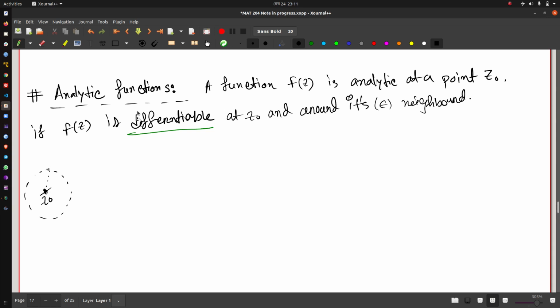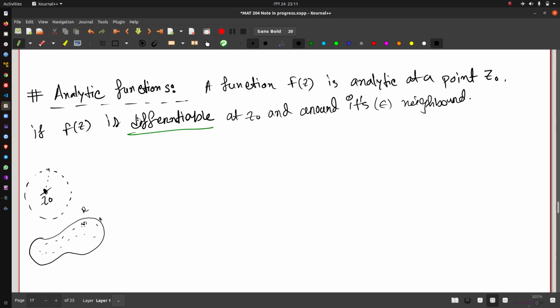Okay, and if your function f of z is analytic at every point in a region, let's say this is our region, and you have a function that is analytic at each and every point. What do we mean by each and every point? That means at every point and its small neighborhood, the function itself is differentiable.